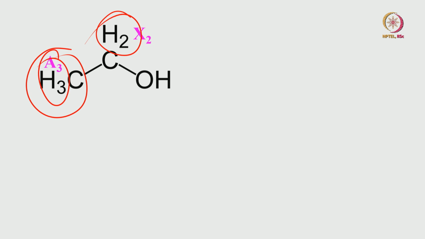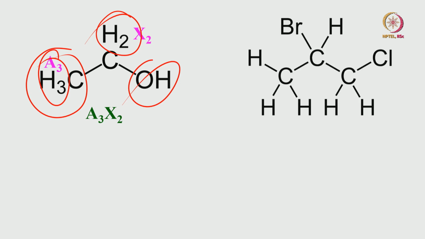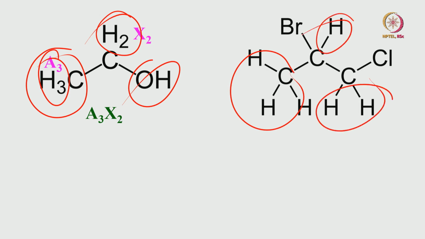What do you call the nomenclature for this spin system? A3X2. I am not worried about the OH group. This is called an A3X2 spin system. What about this molecule? We have a CH3 group here, a CH2 group here, and a CH group here. Of course, 3 protons, so the subscript is 3, subscript 2, subscript 1.